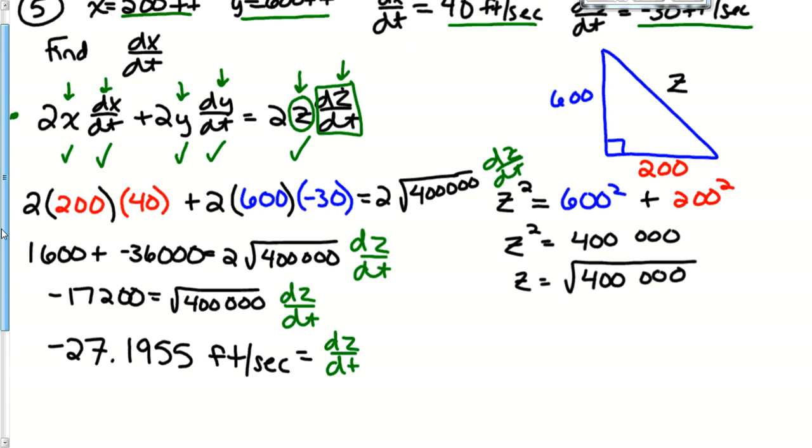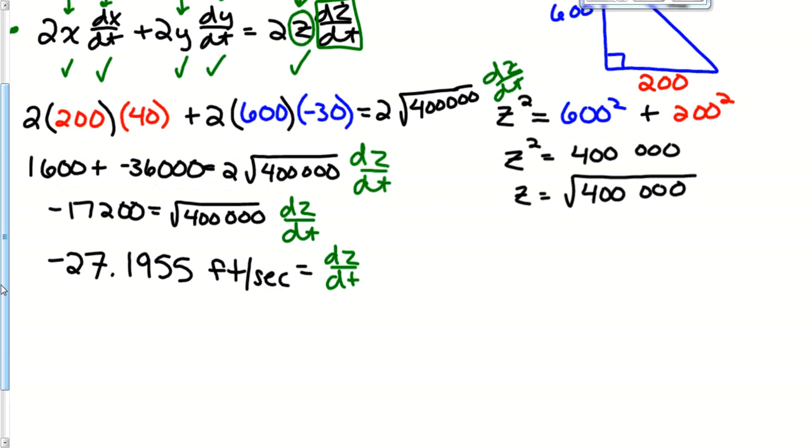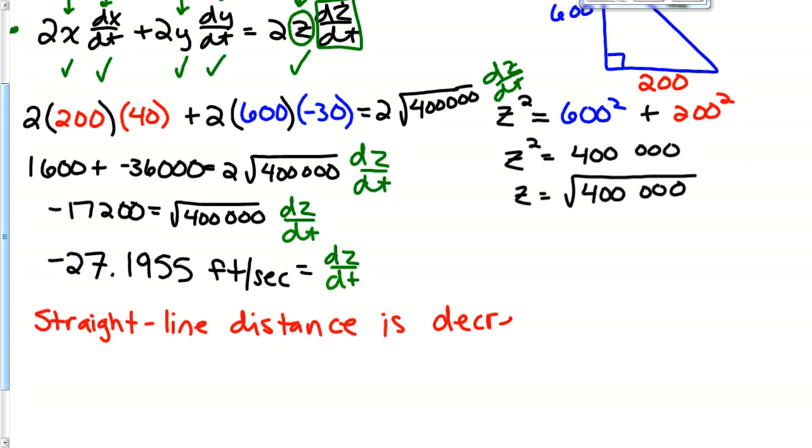So to answer that question in a sentence, I would say the straight line distance is, and right now, is my rate of change telling me that that distance is increasing or is it decreasing? Well, my rate of change is negative, which means my straight line distance is decreasing. Now I need to be careful about how I say at what rate.